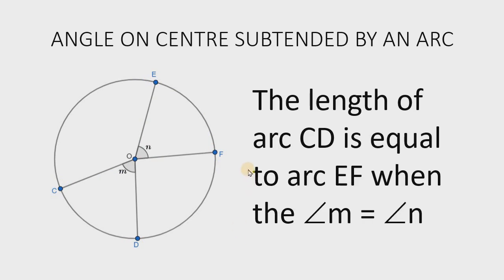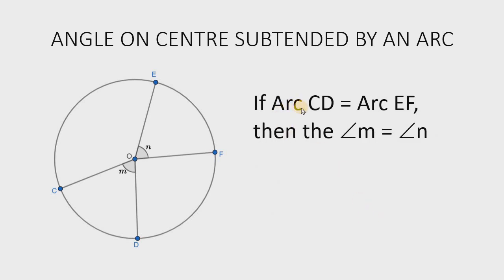So that's why we can have a sentence saying the length of arc CD is equal to the length of arc EF when the angle M and angle N is equal. Or we can use a more simple sentence: if the arc CD equals arc EF, then the angle M and N is equal also.